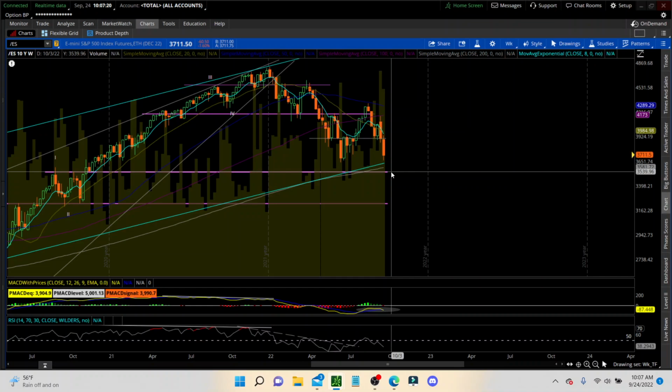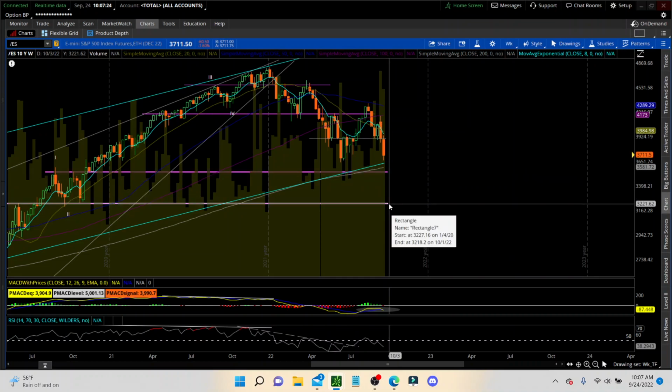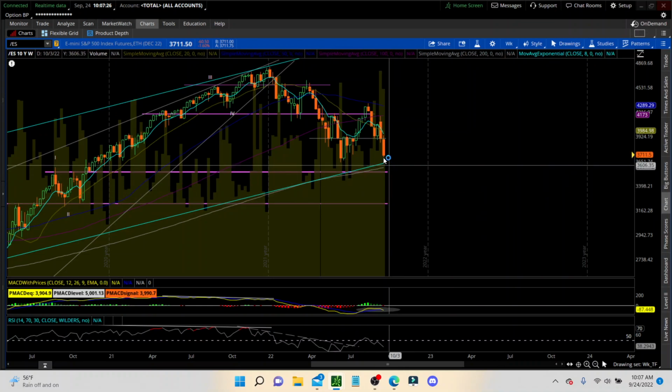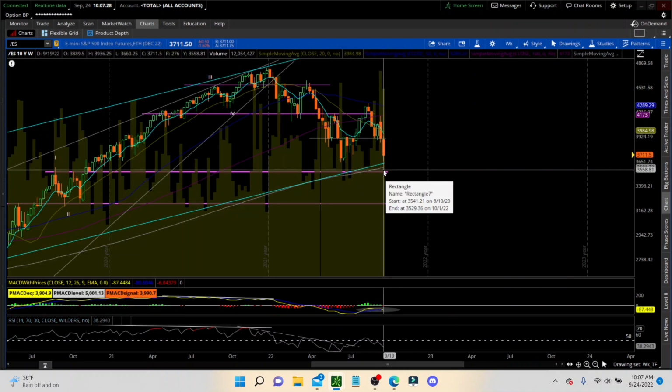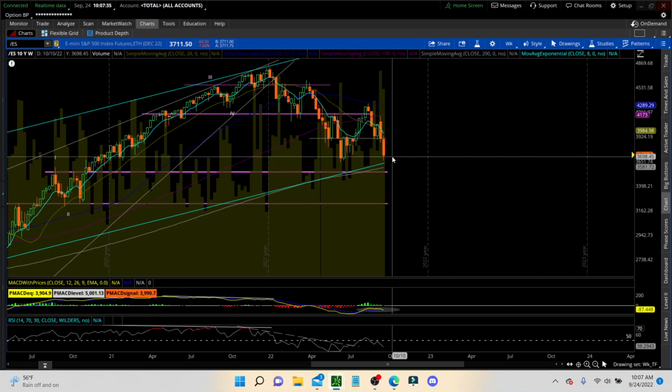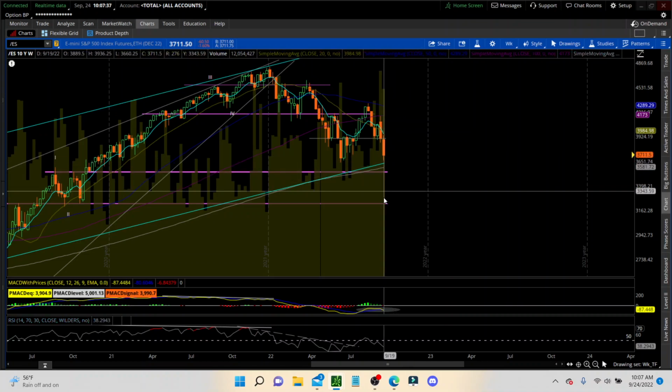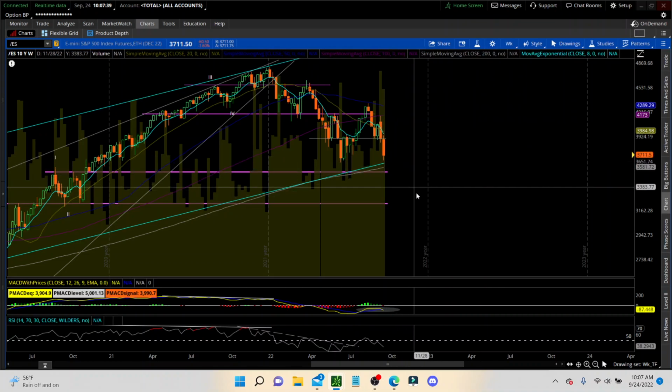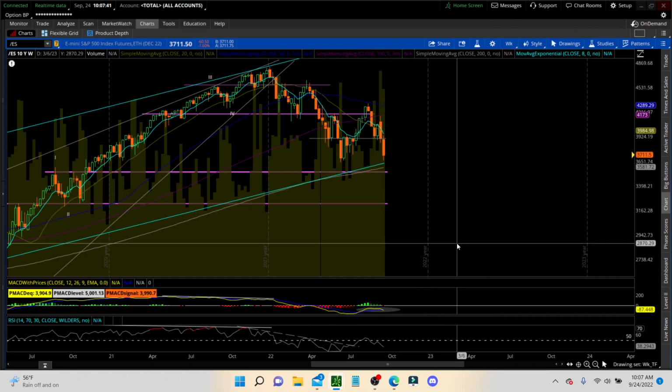So 50% on that monthly time frame, 3,500 area, 3,200 area. So not a prediction, but my map, my guideline, of what I think is happening as we come into this area: bounce, breakdown, and ping pong in here for a nice wave 4 before heading lower.